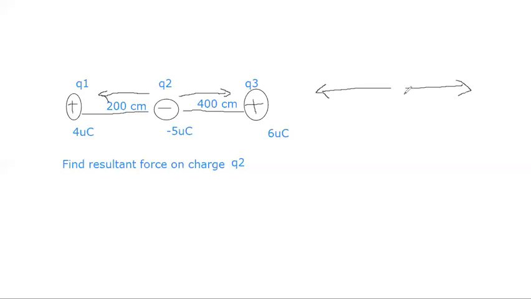So the strategy is that separately we will apply Coulomb's law on these two charges and get a force, and then apply Coulomb's law on these two charges and get a force. If you remember from smaller grades, if I have a 5 Newton force here and a 10 Newton force here, the resultant force will be 5 Newton on this side.